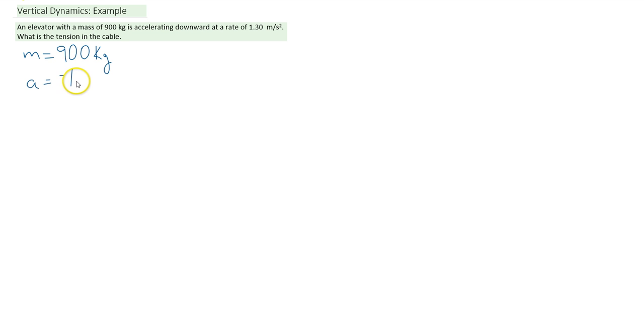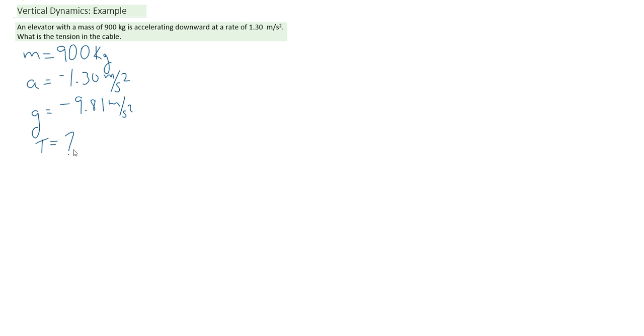Because it's downward, it's negative 1.30 meters per second squared. We have our acceleration due to gravity. Now that's not explicitly given in the question, but anytime you're dealing with vertical dynamics, we need to deal with the force of gravity. So we have the acceleration due to gravity, negative 9.81 meters per second squared, and we're looking for the tension.